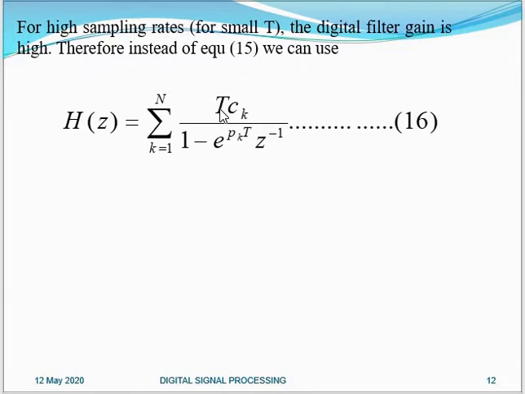For a very high sampling rate, the gain will increase, and it will be multiplied with this T, as the samples become almost equal to the analog samples. So in that case we will have T into Ck divided by 1 minus e to the power Pk T z inverse.